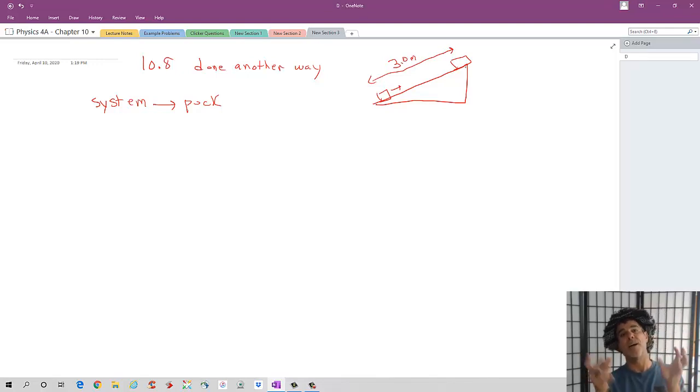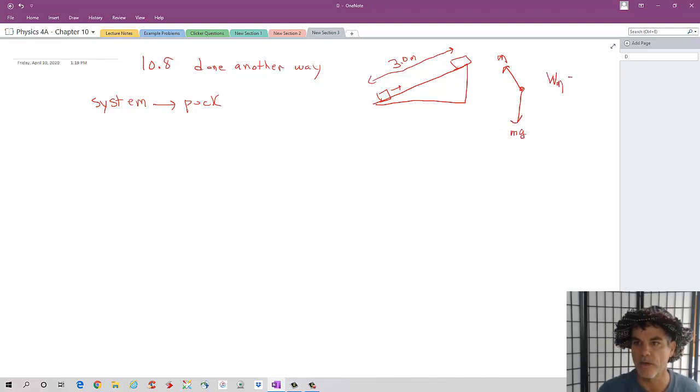Now, the first time I defined my system as the puck plus the Earth, so I could use gravitational potential energy. Again, remember that the forces we have are the normal force and gravity, mg. And the normal force was not doing any work because the normal force is perpendicular to the displacement.